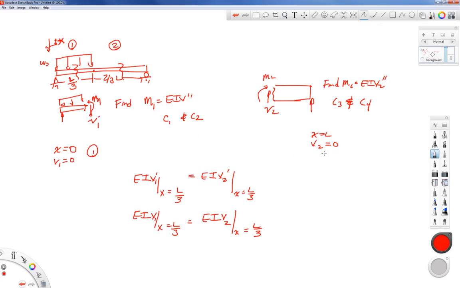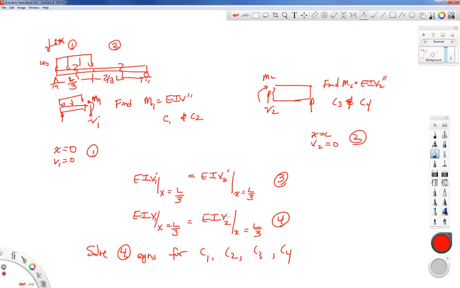This would give us 1, 2, 3, 4 equations. Oftentimes 1, sometimes 2 of these constants of integration will be 0, but it could be as bad as 4 equations and 4 unknowns. On an exam, just to say this again, I would stop you after you have applied the boundary conditions and gotten the equations.